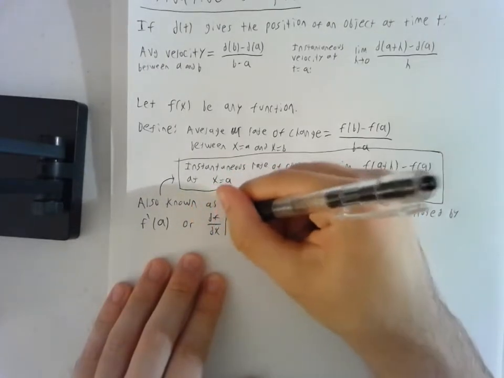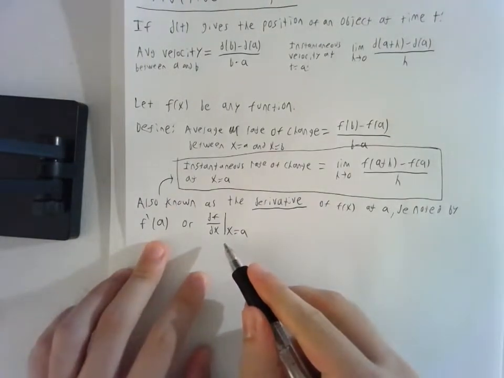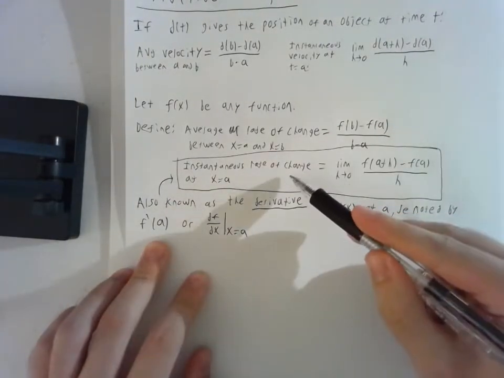So these are two notations for the same quantity, which is the instantaneous rate of change of the function, which is defined by this limit.